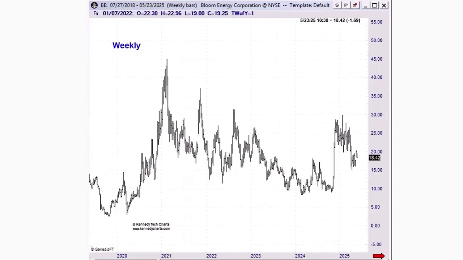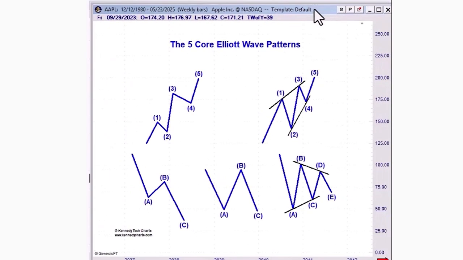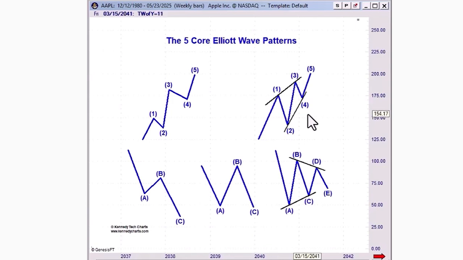Let's take a look at another example of ending diagonal. Now remember, as I was discussing yesterday, ending diagonals are a terminating wave pattern. They're very limited as to where they may actually occur. They can occur in the fifth wave move of an impulsive structure. They can occur as wave C of a zigzag or wave C of a flat correction.